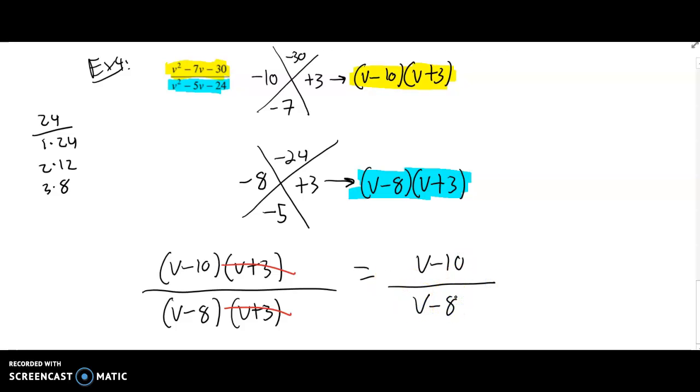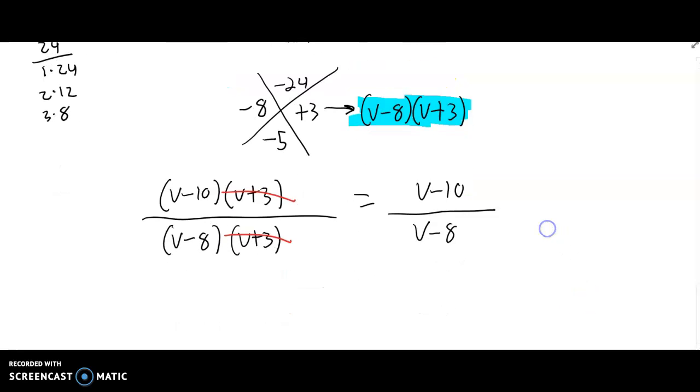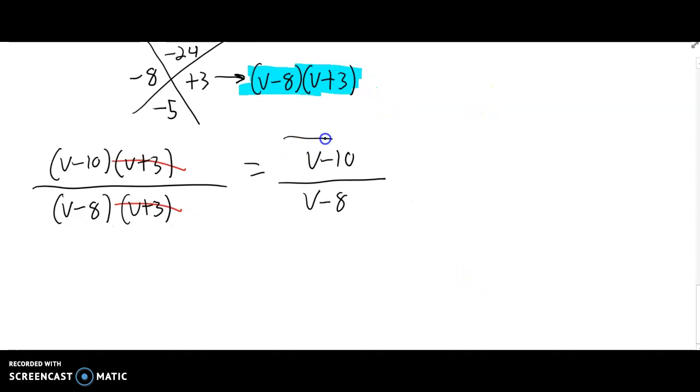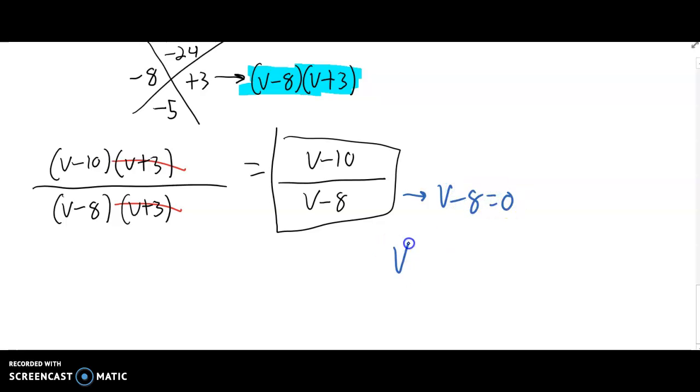Now, you can keep the parentheses if you want. You don't have to. It won't change anything at this point. Okay, so this is our final answer because there's nothing left to simplify. Let's do excluded values. I'm going to set v minus 8 equals 0. So v equals 8 is excluded.